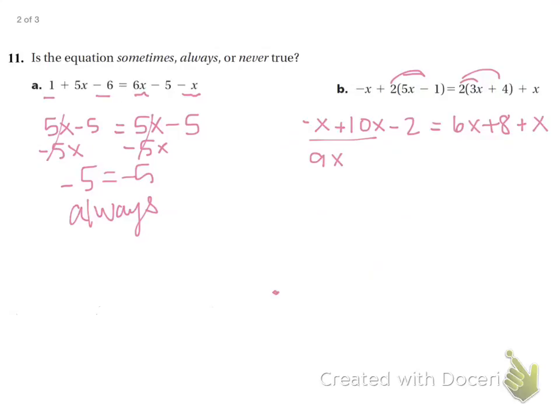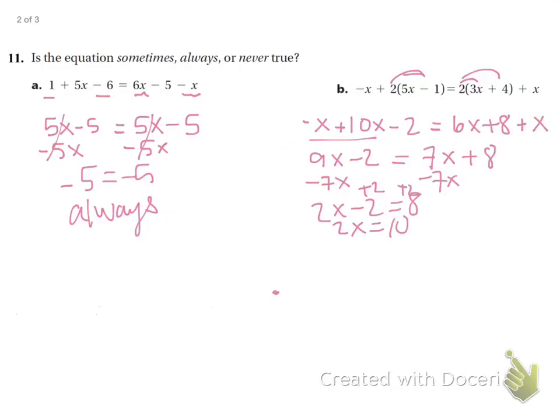This gets me 9x minus 2, and my x's, 6x plus x gets me 7x. Let's go ahead and subtract 7x. So I have 2x minus 2 is equal to 8. Add 2 to both sides. 2x is equal to 10. Divide by 2. So 10 divided by 2 should get me 5. So this is sometimes true when x is equal to 5.